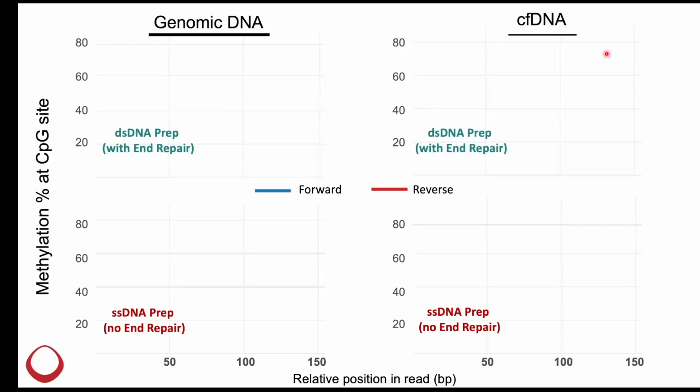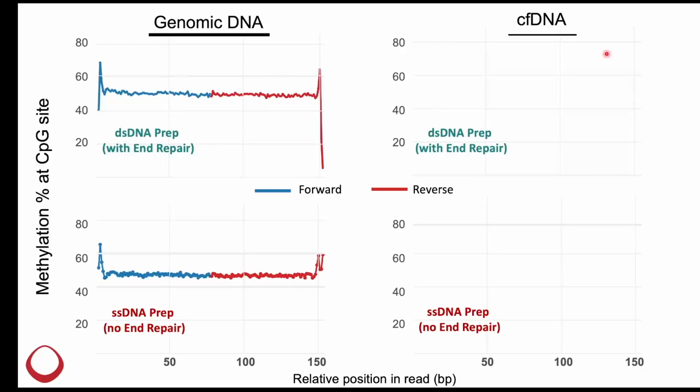So in genomic DNA, this end repair induced methylation loss does indeed happen, as you can see in the drop off of methylation in the double-stranded prep with end repair here. But because the overhangs produced by mechanical or enzymatic shearing methods are short, this effect is confined to the very end of the read, the last 2 to 5 base pairs.